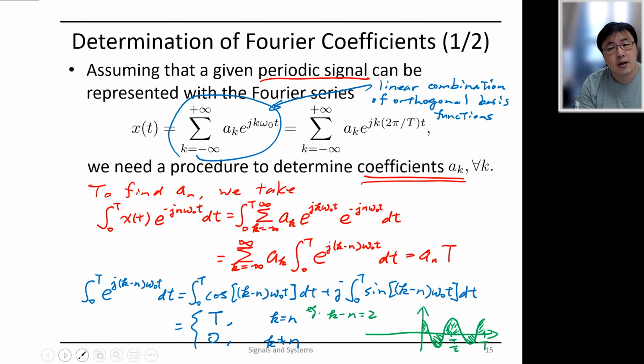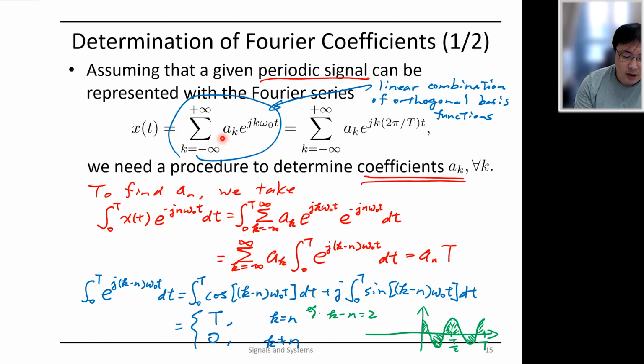This is what we talked about at the end of yesterday's lecture. Suppose that we are given a periodic signal x of t and we want to find its Fourier series representation, namely, we need to find these linear combining coefficients a k.